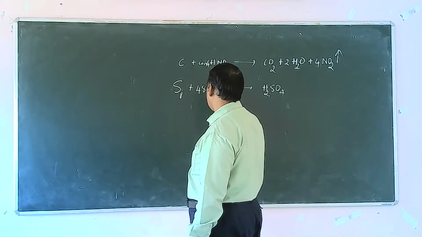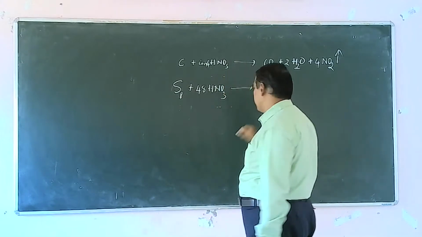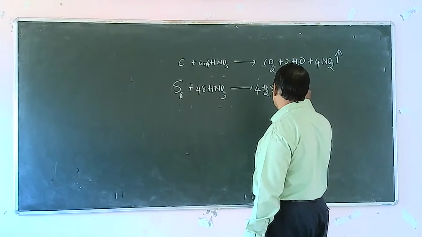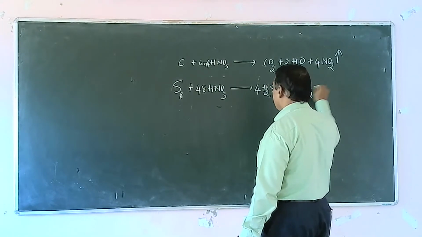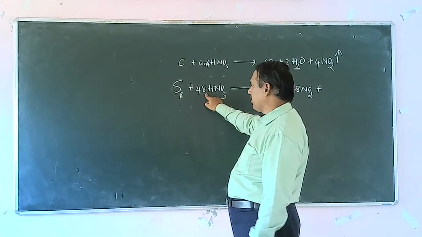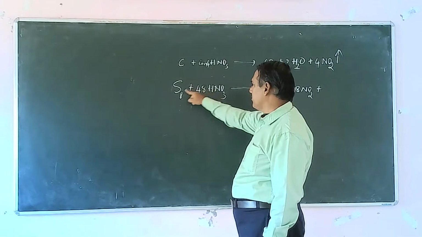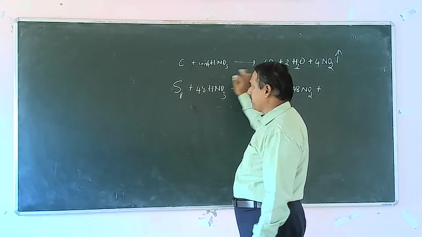So 48 HNO3, 8 sulfuric acid molecules plus 48 nitrogen atoms, therefore it is nothing but 48 NO2. And how many hydrogen atoms remain?